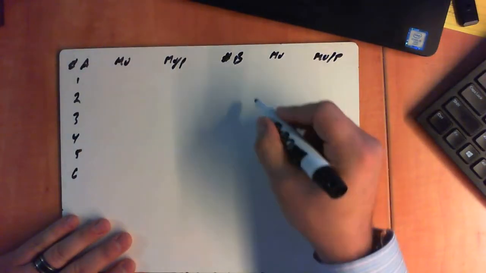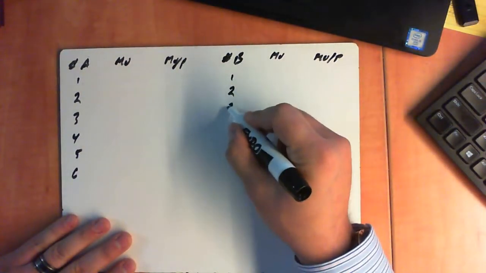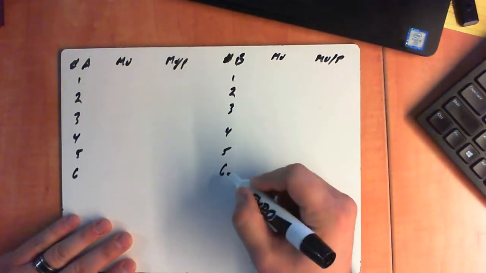We'll go for 6 here. The same thing here, 1, 2, 3, 4, 5, 6.